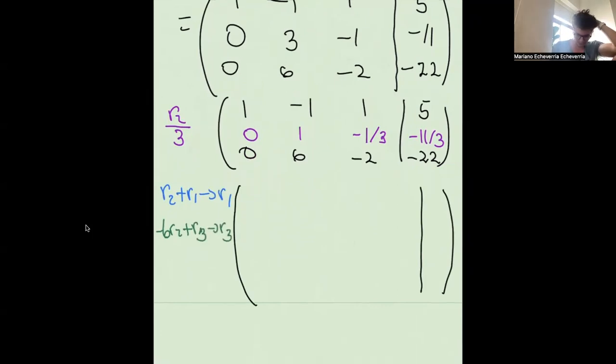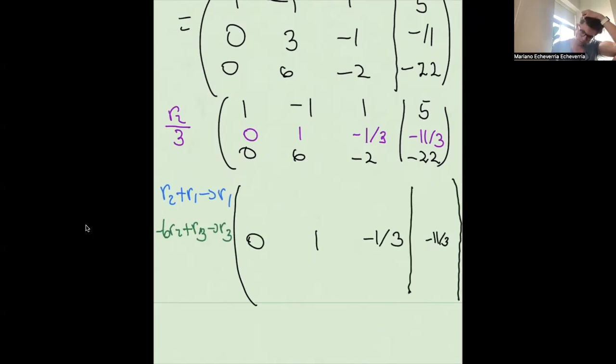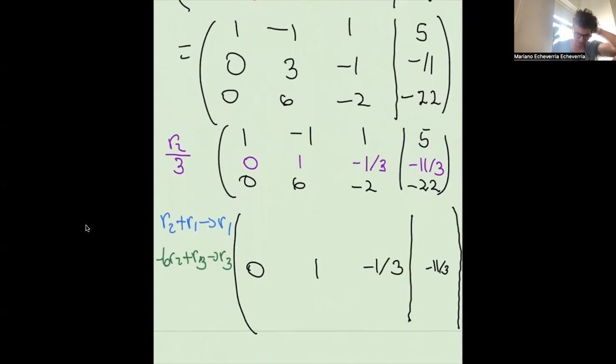So let's see, I'm going to leave the second row the same. So let me put it like this. And then I'm just going to add the second row to the first row. So I'm going to put 0, 1, -1/3, -11/3.